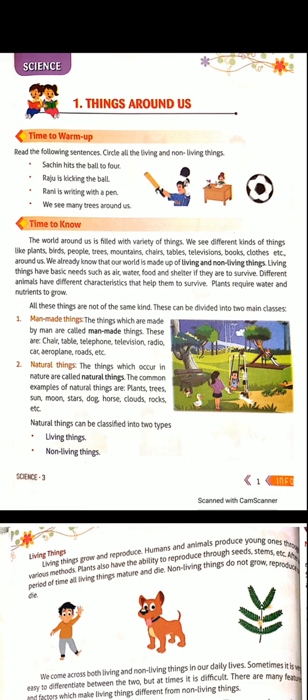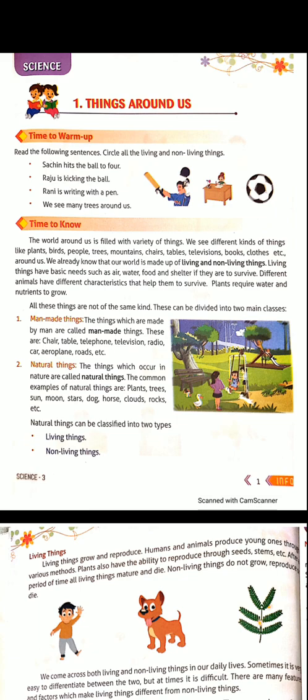Let's go to the next topic. Again, I will be reading. Please follow what I am reading. Natural things can be classified into two types: living things and non-living things. Please turn your page, go to the second page, that is page number 2.